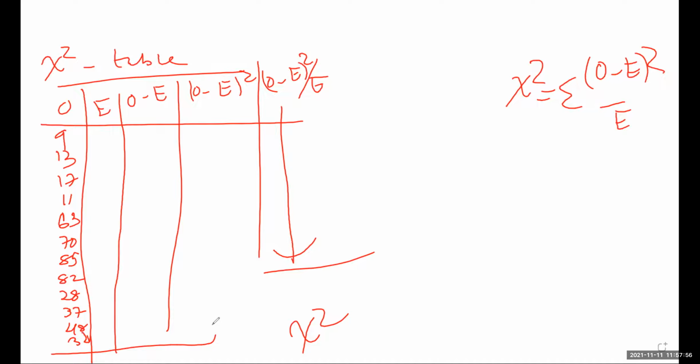Respective E values in the same order. I'm repeating it. Be careful, or else if you change the order, the answer will be wrong. The last one was 37, not 32.